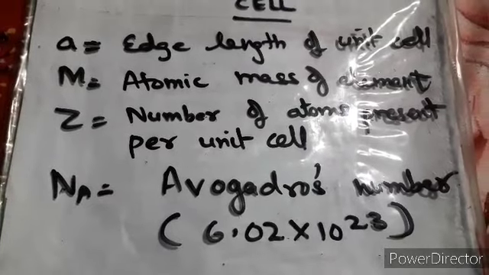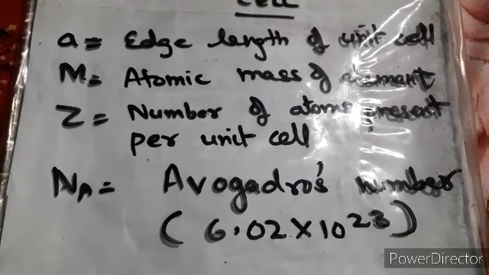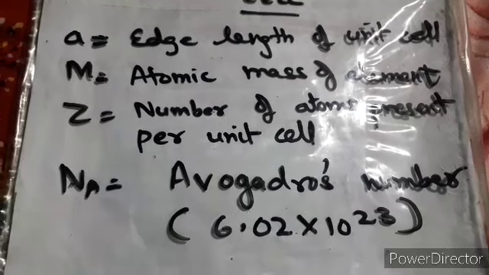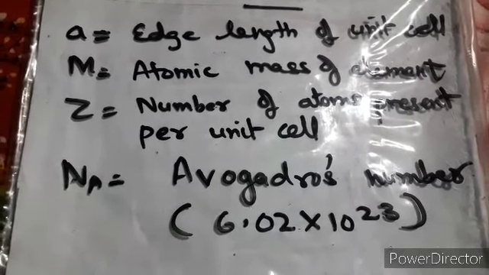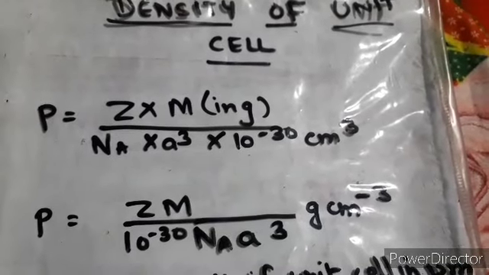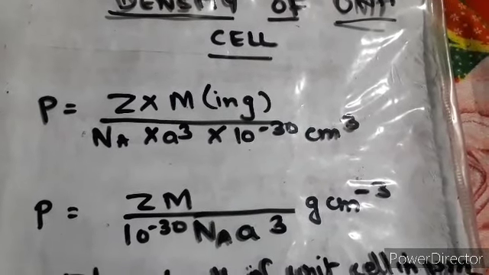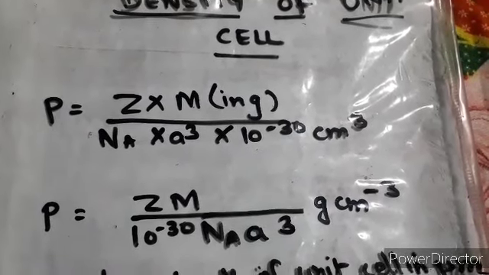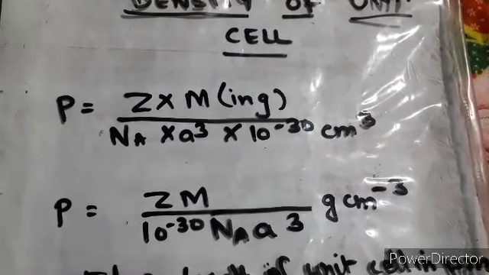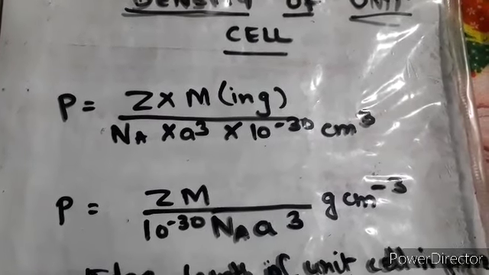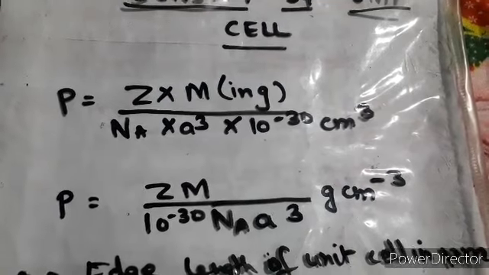So this is the way, but we have to focus on a different manner also. I am elaborating this formula in a different way also, so please focus on that. Now you can see its formula. I have just modified it, and this particular formula for density of unit cell is used when the edge length of the unit cell is in picometer.